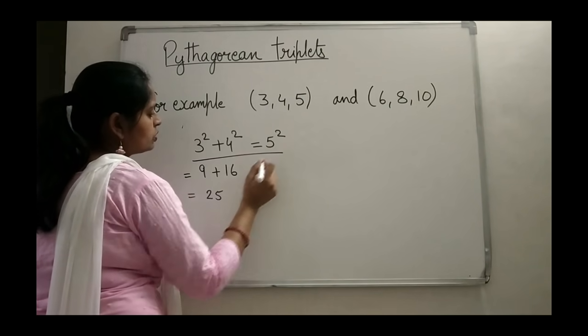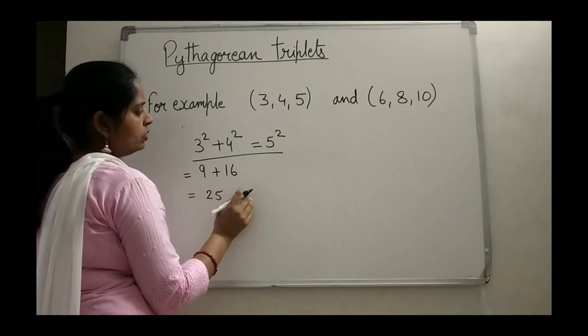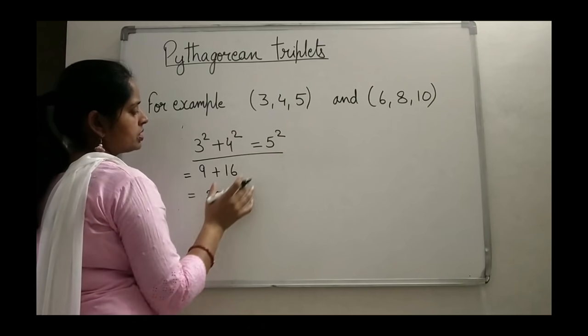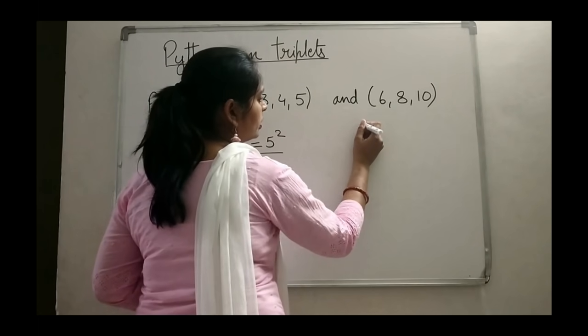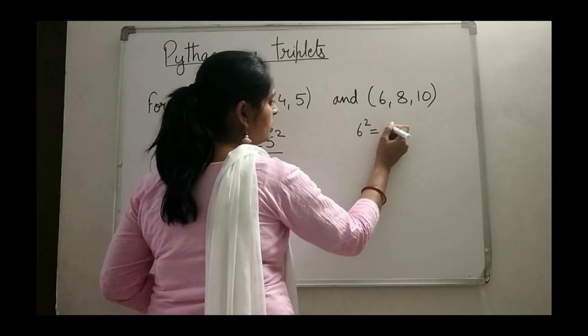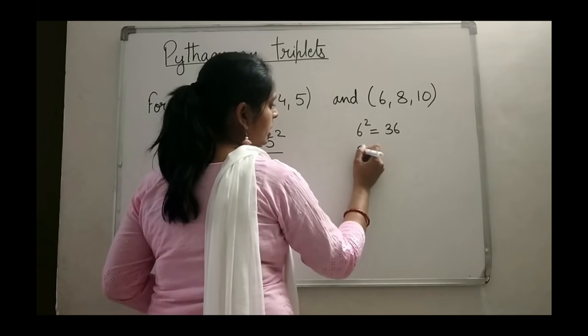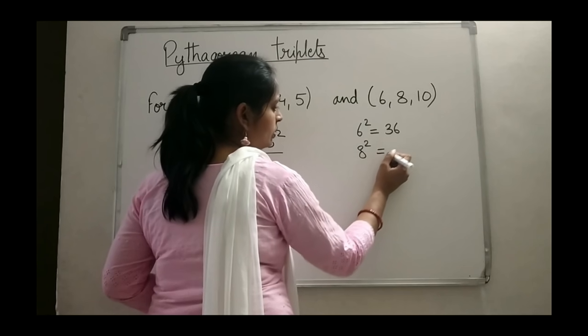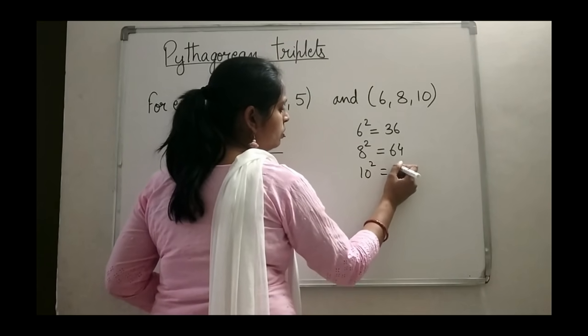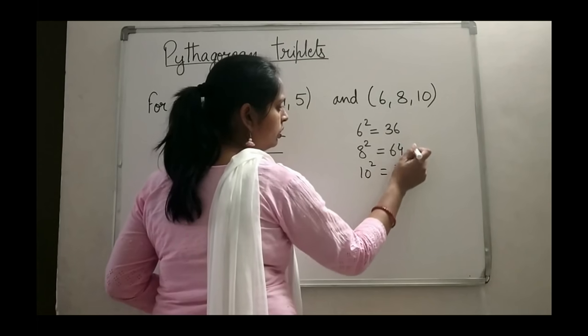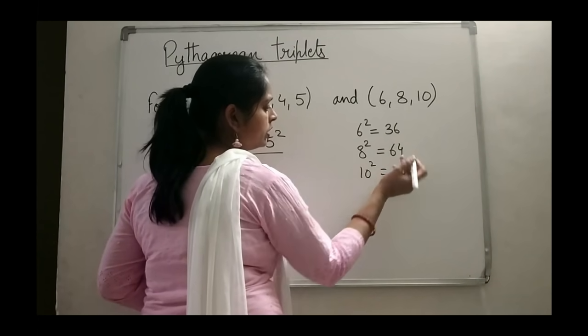So we got 3 square plus 4 square is equal to 5 square. So these three numbers are a Pythagorean triplet. Same here, you can see 6 square is how much? 6 6s are 36. 8 square is how much? 8 8s are 64. And 10 square is equal to 100. So if we add these two, you will get 100.